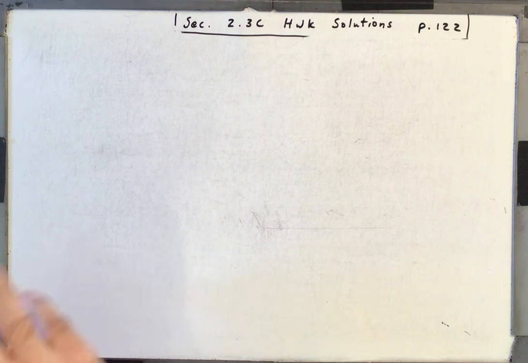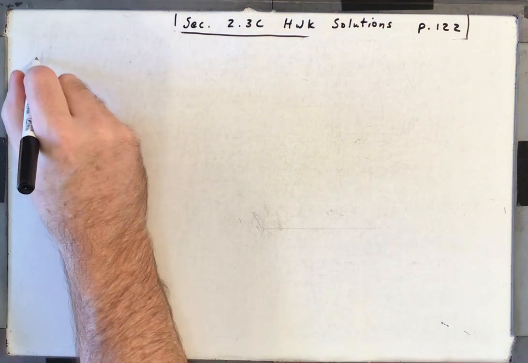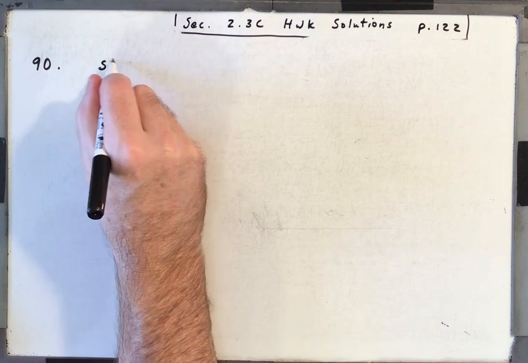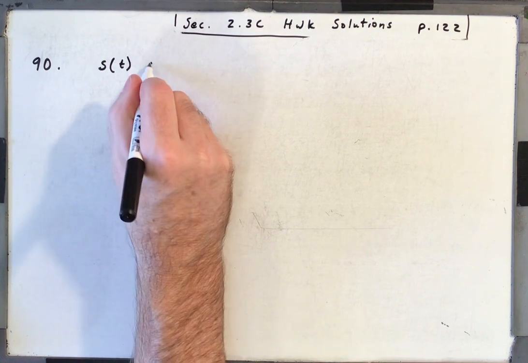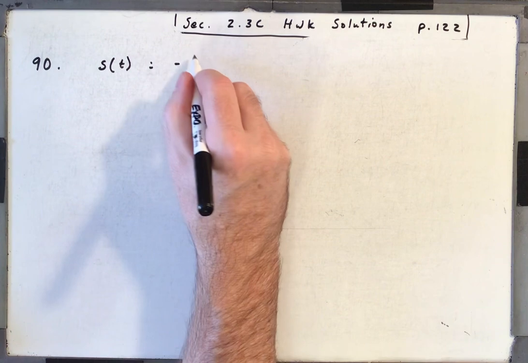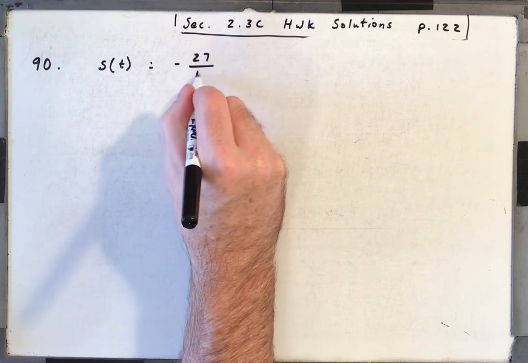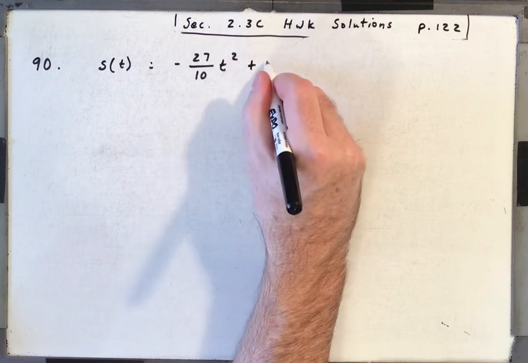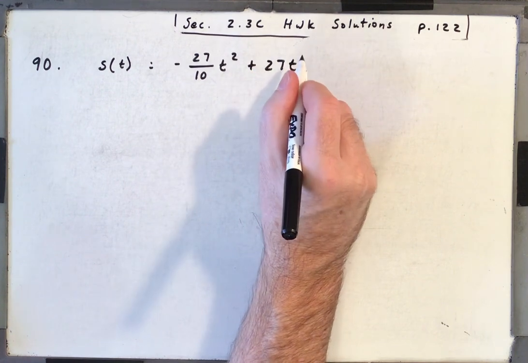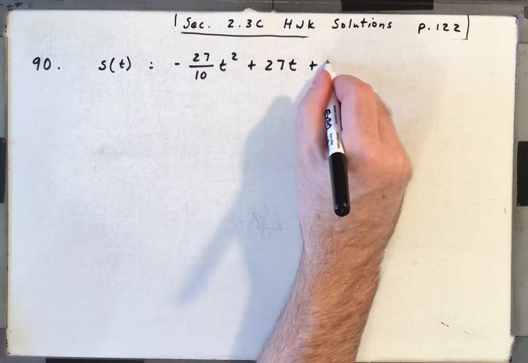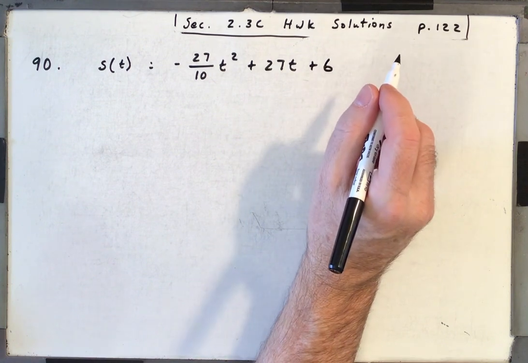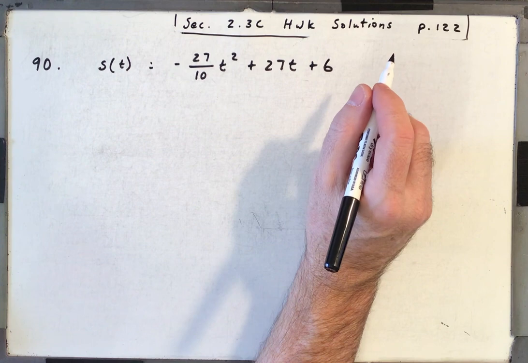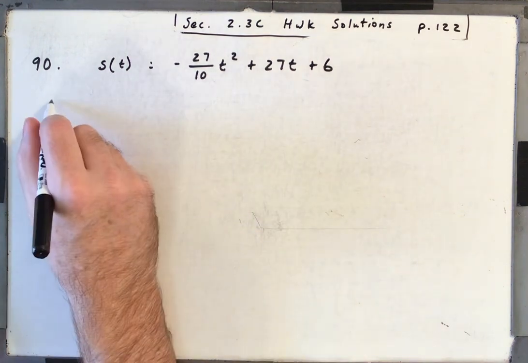So number 90, we have an astronaut. And this is going to be S of t is negative 27 over 10 t squared plus 27t plus 6. Part A, we want to find expressions for velocity and acceleration.